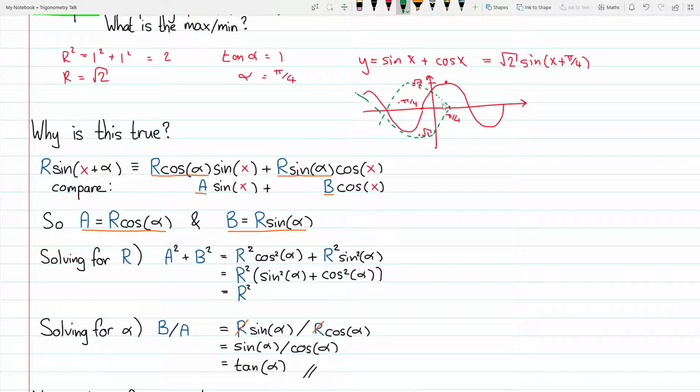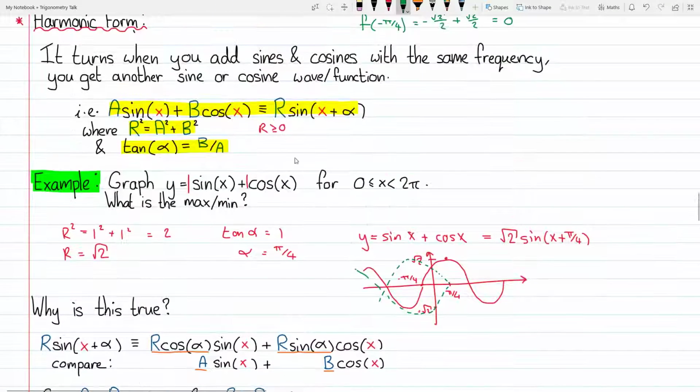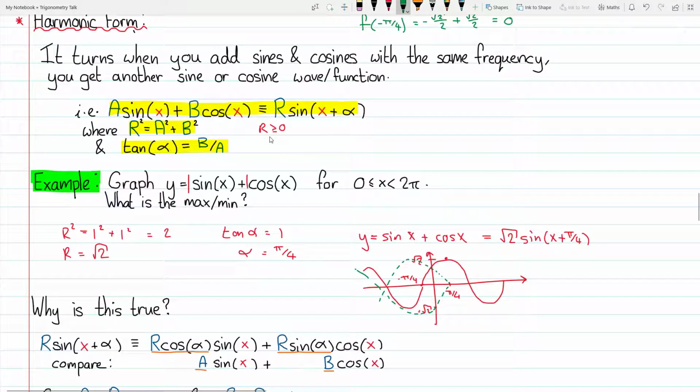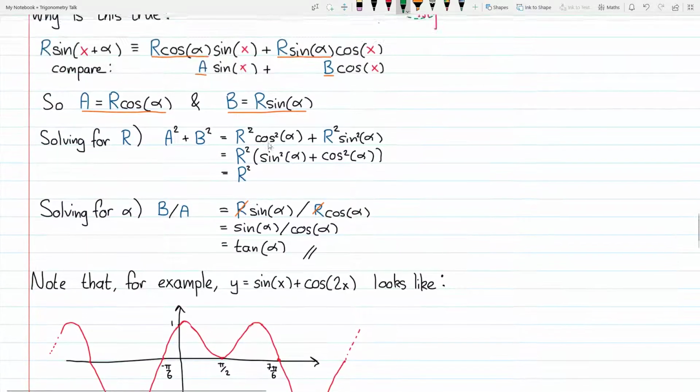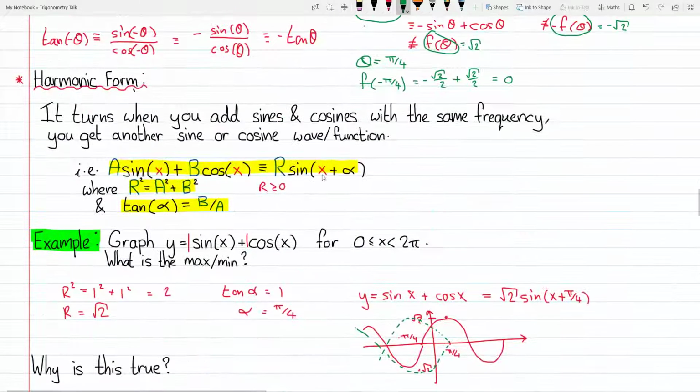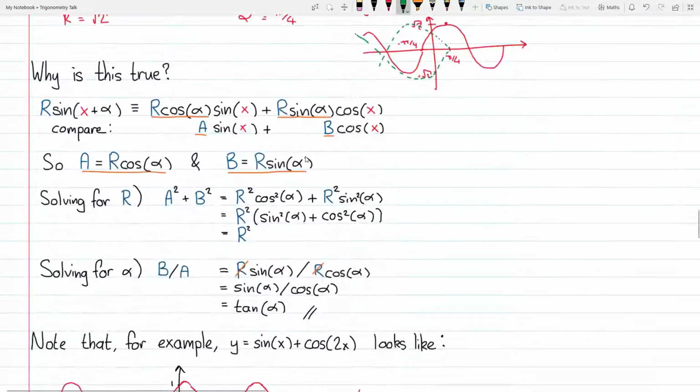So we can do a brief justification as to why this is true. It's like the harmonic form of a harmonic identity, I guess. The way we do this is we compare this expression with the right-hand side.